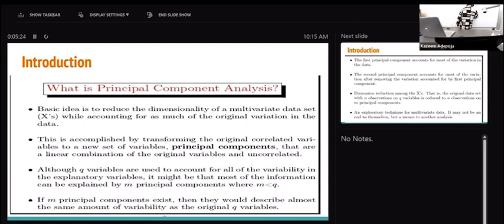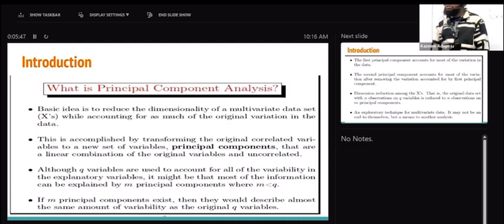Okay, for instance, if I want to reduce dimensionality, because in a situation where you have a lot of independent variables, your data will be of high dimension. You collected observations over so many variables.